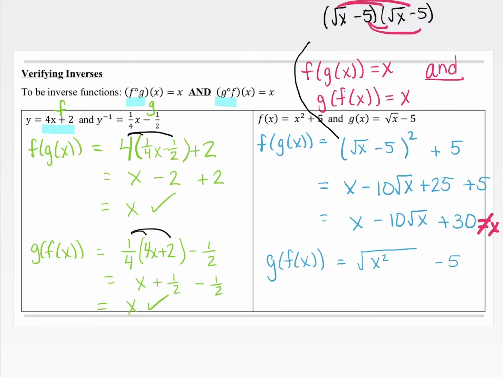So x squared plus 5. Now because this plus 5 and this minus 5, one is in the radicand and one is on the outside, I can't combine those like terms. So this is actually as simplified as I can go. This also does not equal x, so neither of the functions are inverses.